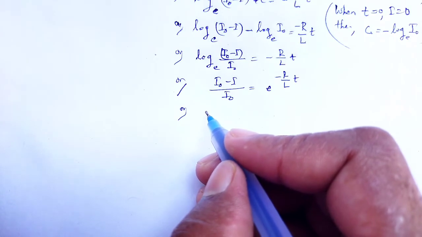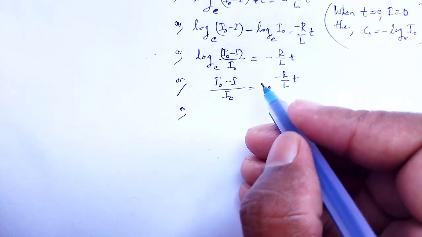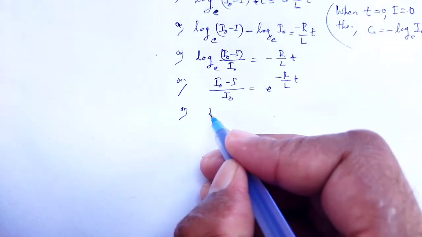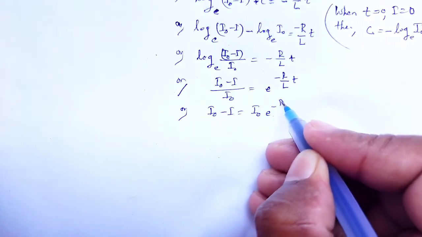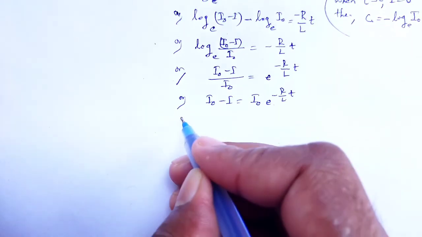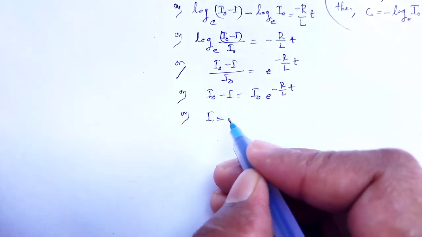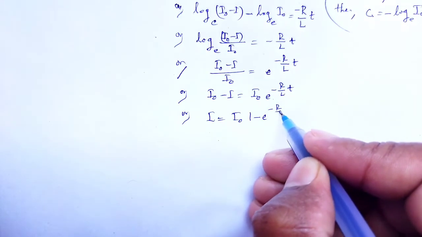Multiplying by I naught, I naught minus I is equal to I naught times e to the power minus R by L into t, or finally I is equal to I naught times 1 minus e to the power minus R by L t.